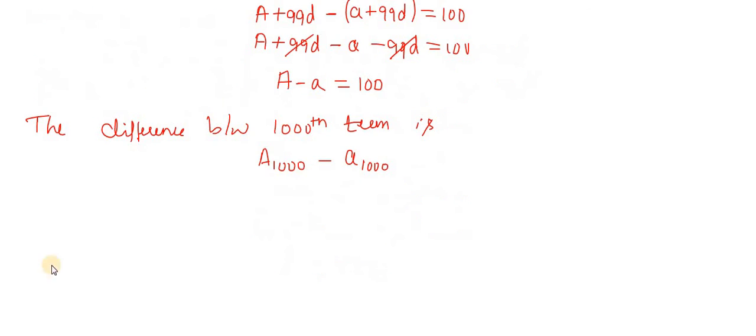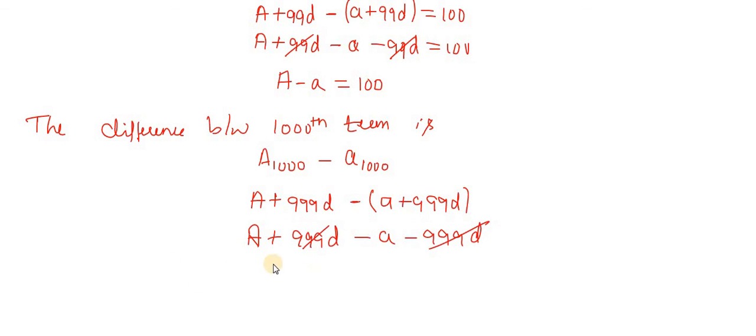Now we'll find the difference between the 1000th terms. So here A1000 minus a1000. Simplify this. A plus 999d minus a plus 999d. Simplify this, so here we get A minus a. So we know A minus a is nothing but 100.